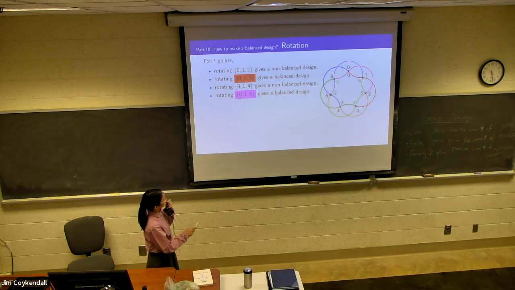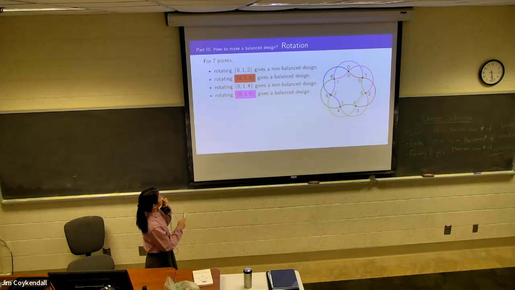It's just because if you relabel the points using the green labels, so instead of labeling the points clockwise, I now label them anti-clockwise, and then I consider the pink block, that is this one, using the green labels, this will be 0, 1, 5.